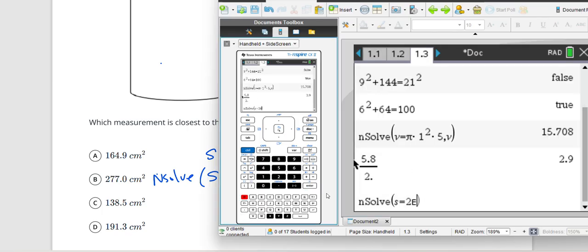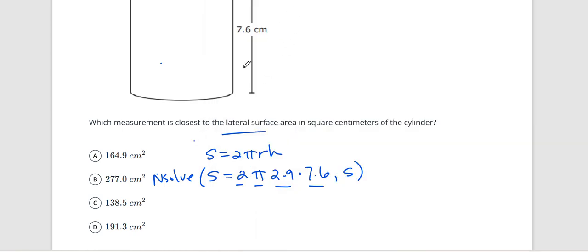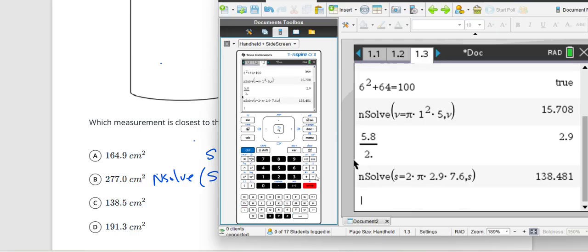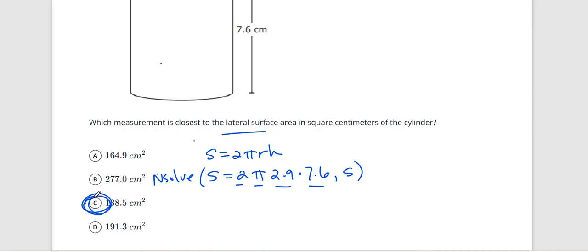And then pi, I was already thinking about pi. 2 pi times 2.9 times the height, what is it? 7.6. And then we're looking for the surface area, so comma S, and there it is, 138.5.